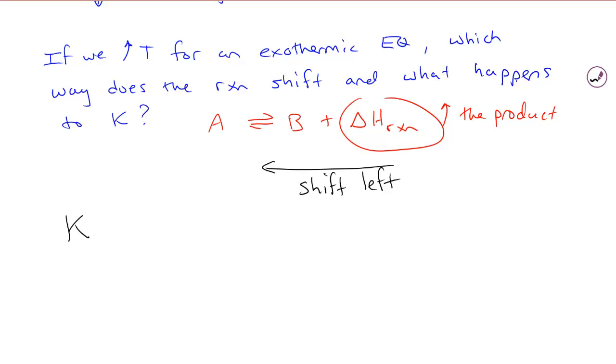Our equilibrium constant is related to the concentration of B divided by the concentration of A. When we shift left, the concentration of B will get smaller and the concentration of A will get larger. That means we're dividing a smaller number by a larger number, and that means our K will get smaller. So our equilibrium constant will get smaller.